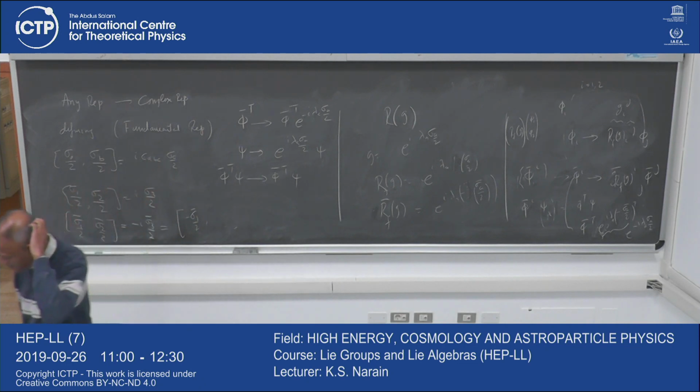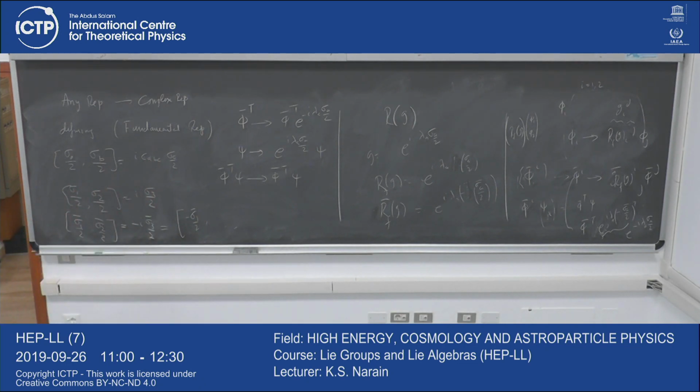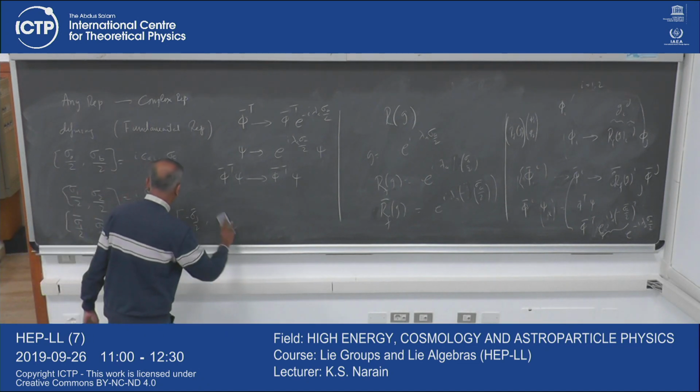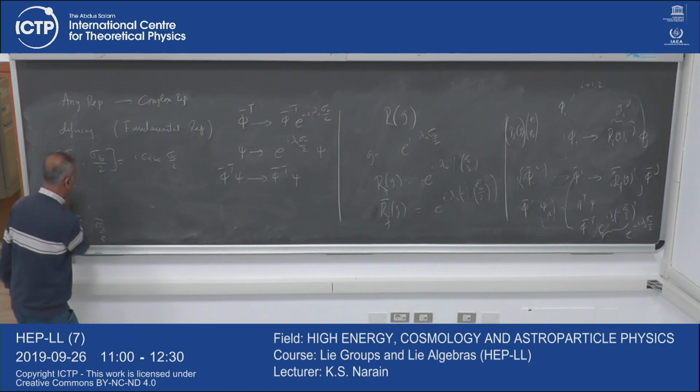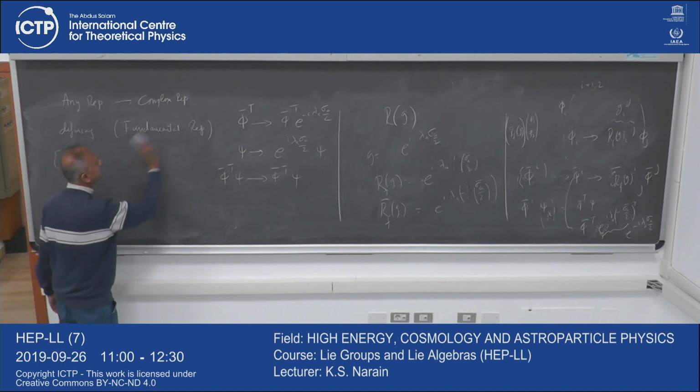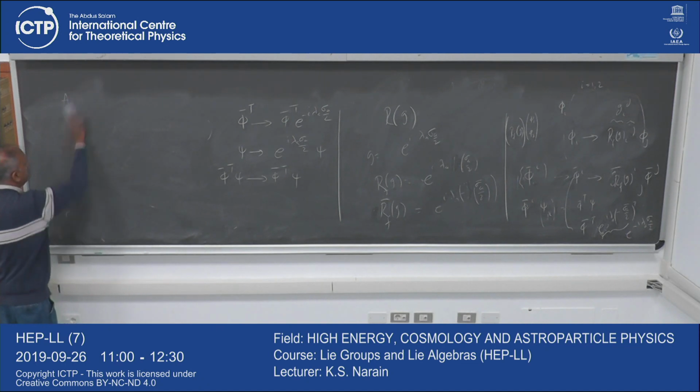So this is our motivation. We want to construct actions which are invariant under the symmetry group. This one gives you that already at the quadratic level. In general, in field theory, you can have various sets of fields.